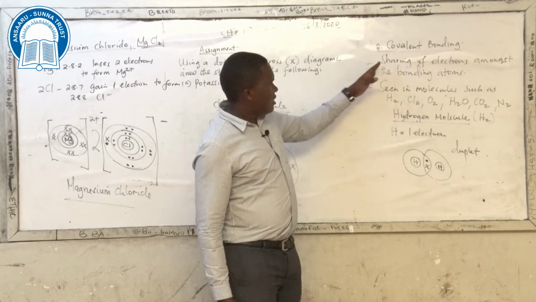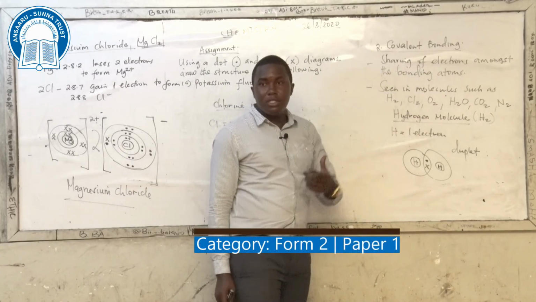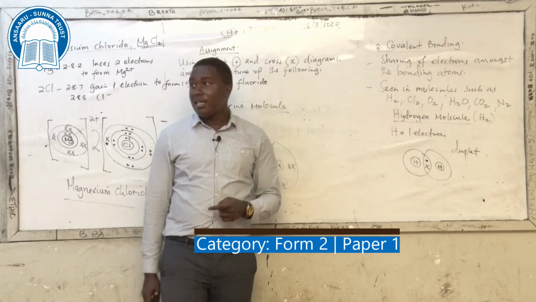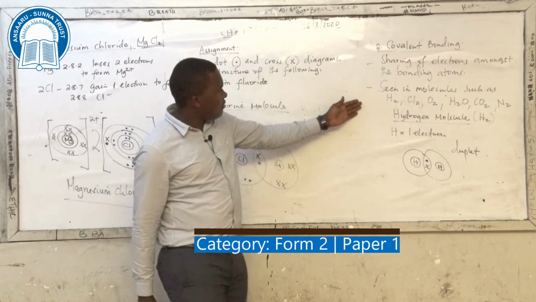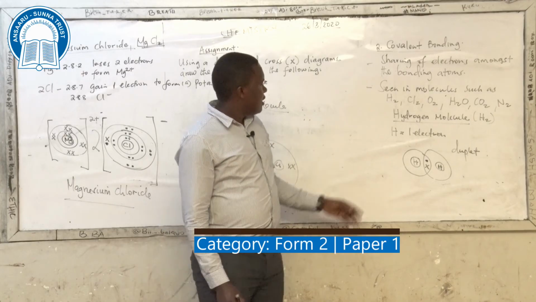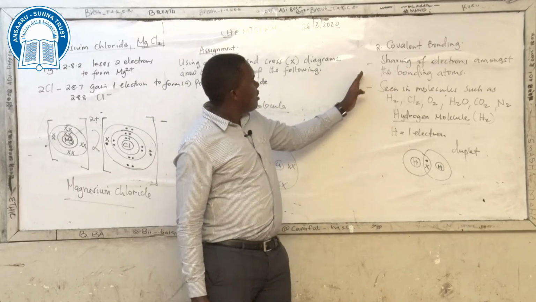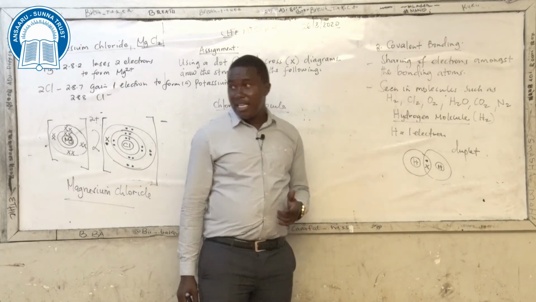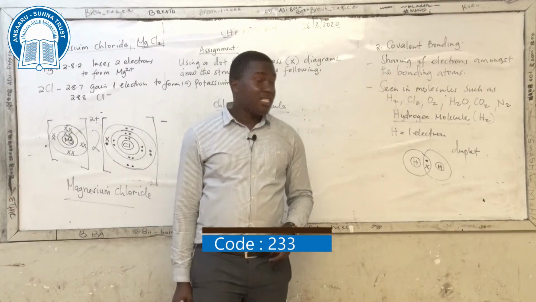Covalent bonding, we have said, is the sharing of electrons, especially among non-metals. Remember, non-metals have a tendency of gaining electrons, but when they are cornered in a bonding or in a chemical reaction, they seem to be sharing rather than gaining, because there is no one who is ready to lose its electrons.